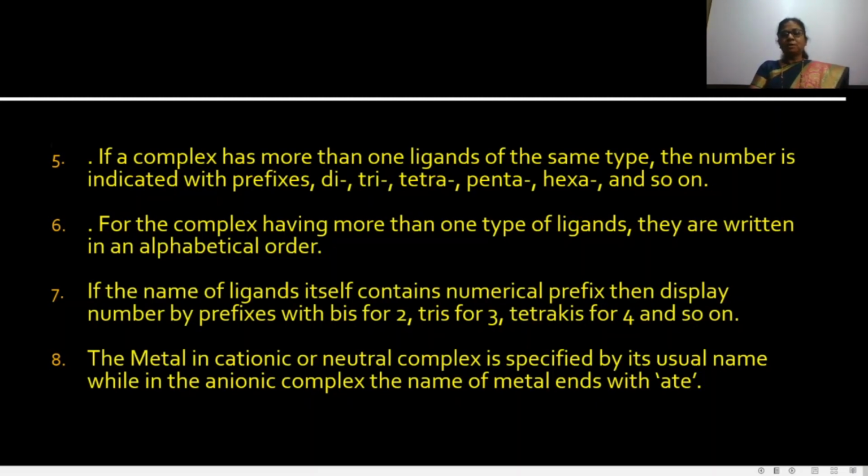In this rule, if the complex is cationic or neutral, then the metal is specified by its usual name, that is, we use the name of that metal ion. But if the complex is anionic, then the metal name ends with ATE.